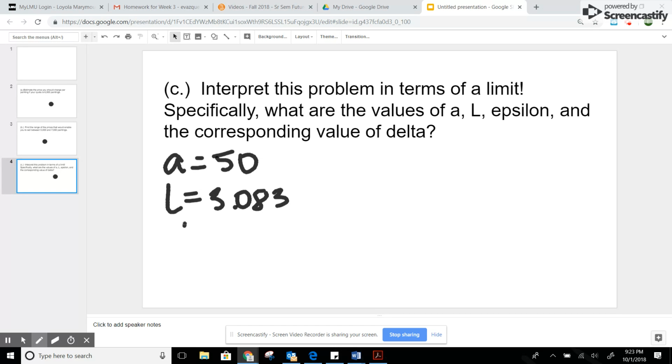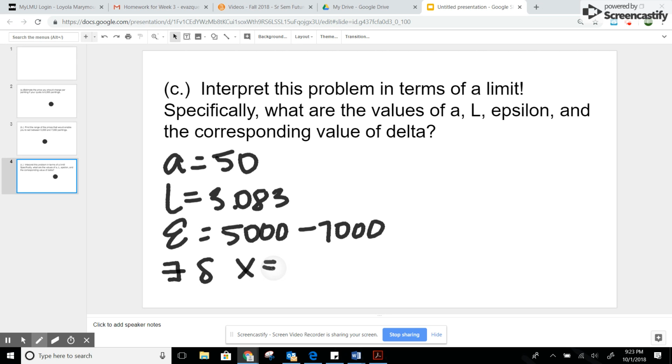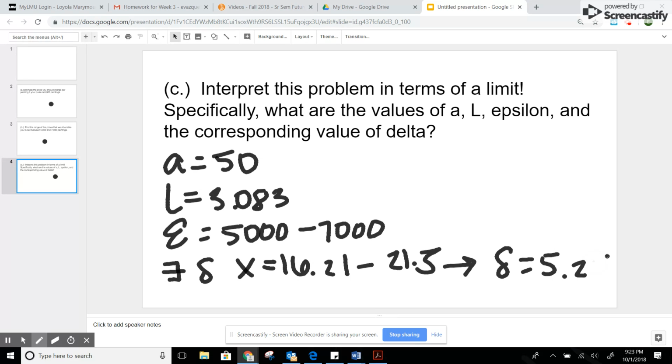And epsilon would have to be between the 5,000 to 7,000 that we got, which is me looking at part B. Then there would exist a delta interval. My delta would be between X equaling 16.25 to 21.5. And when I figure that out like I did in the last one, delta ended up being 5.2. And that's it for problem 2.